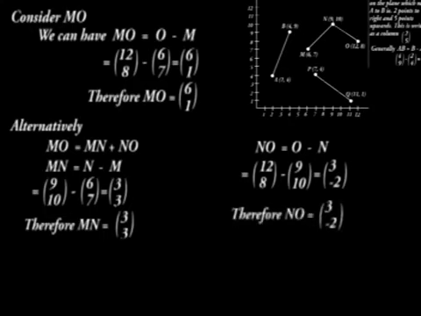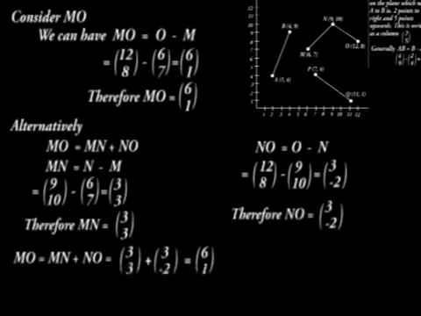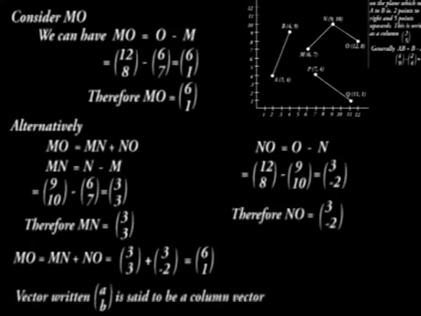Therefore, NO is (3, -2). MN plus NO is (3, 3) plus (3, -2), giving us (6, 1), and we arrive at the same answer. A vector written as AB is said to be in column form and is called a column vector.